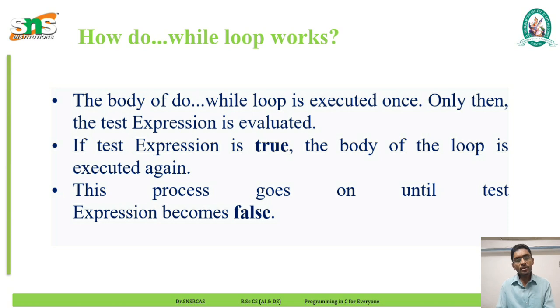This process goes on until the test expression becomes false. If the test expression is false, the loop ends, and the control goes to the immediate next line after the do while segment.